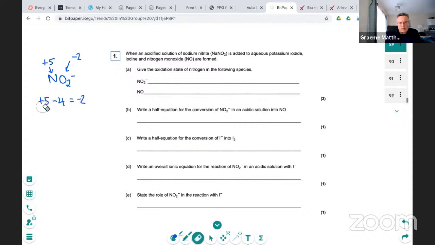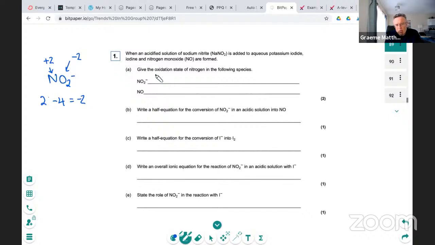This would be, what, +2? Why did I think it was +5? I don't know. Like I said, chemists, I do these live. So 2 times 2 minus 4, so 2 minus 4 is -2. So therefore, nitrogen would be +2.